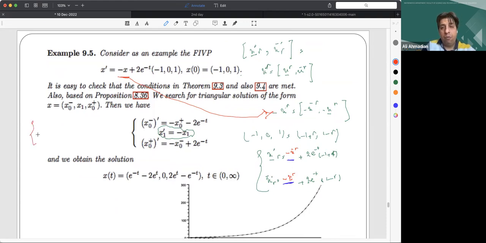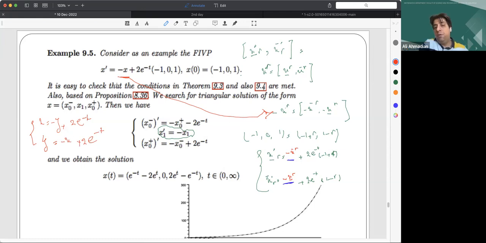For example, how you solve x equals minus y plus 2e to the power of minus t, and then y equals minus x plus 2e to the power of minus t. For example, like this one. Exactly.